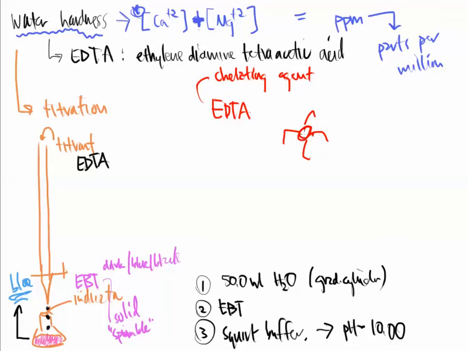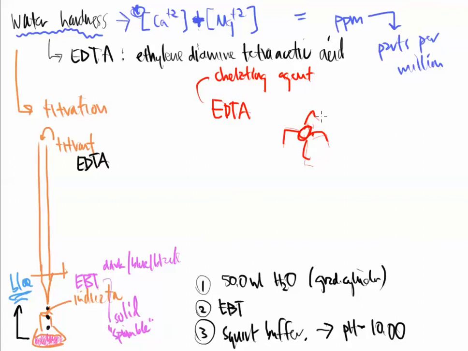Ethylene, there's a 2-carbon chain in here that's the connector piece. Diamine means that there are 2 nitrogens in the center of the molecule. Tetraacetic means that there are 4 acetic groups hanging off of it. And acid basically means some hydrogens that it can give off.